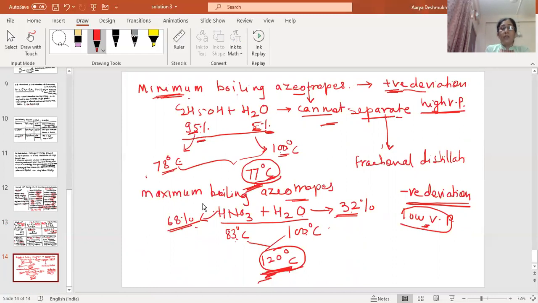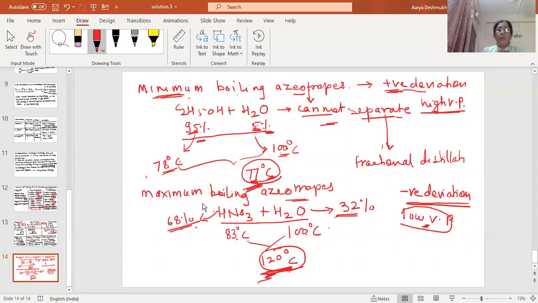The boiling point of ethanol is actually 78 degrees Celsius, and the boiling point of water is 100 degrees Celsius. But when you mix these two components together with the percentage of 95 and 5% respectively, the boiling point of this mixture would decrease by some degrees, that is, it reaches 77 degrees Celsius. And at this temperature, these two components will be in combination with one another.